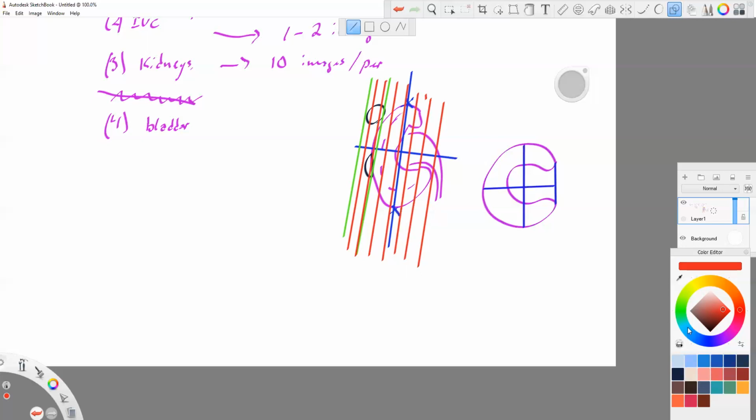And let's do a nice sky blue. And I always actually start with green again, because green indicates where I'm scanning, not necessarily taking pictures, but I'm scanning out here, and I'm scanning down here. But my actual pictures are going to be here. 1, 2, 3, 4, 5.